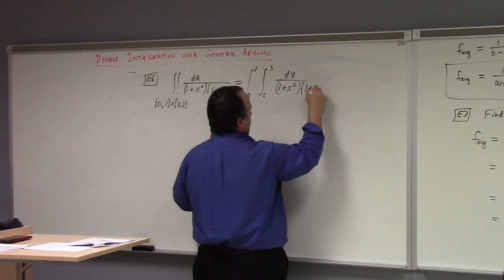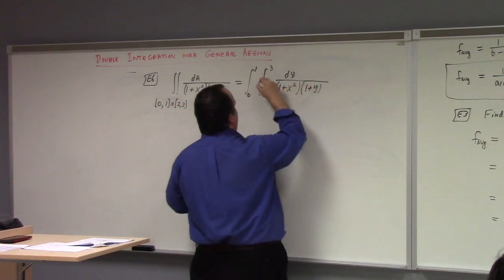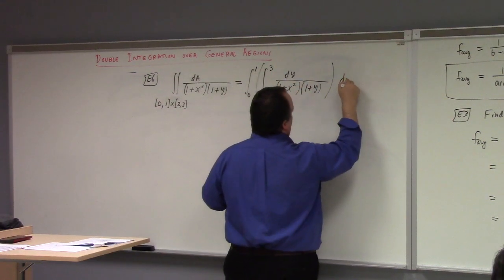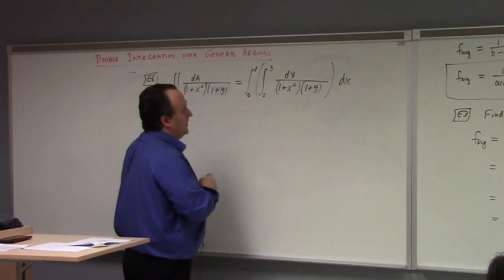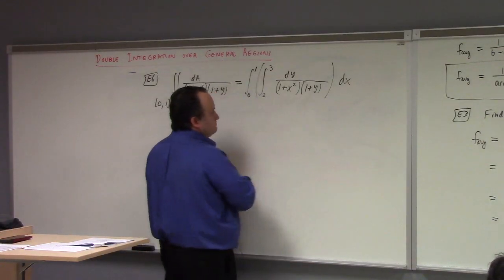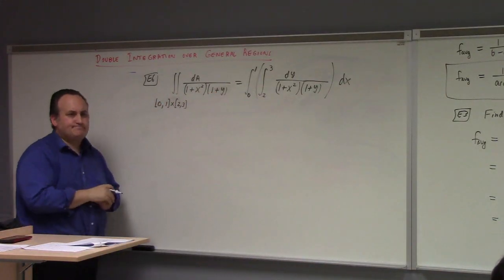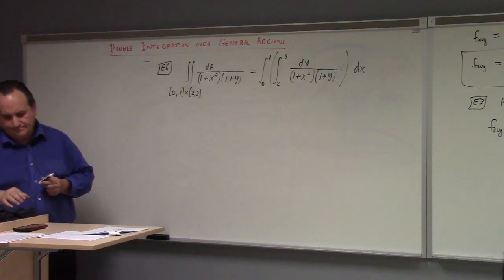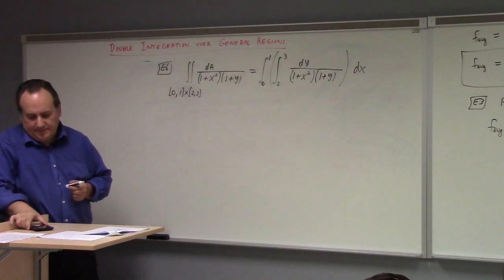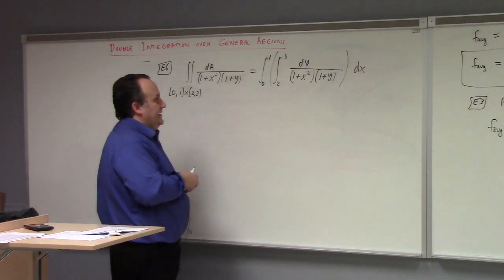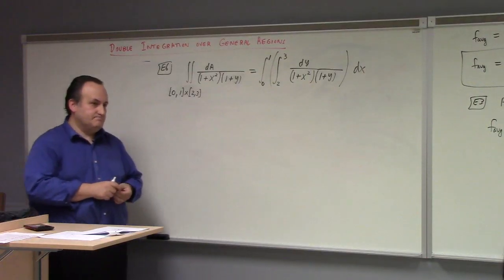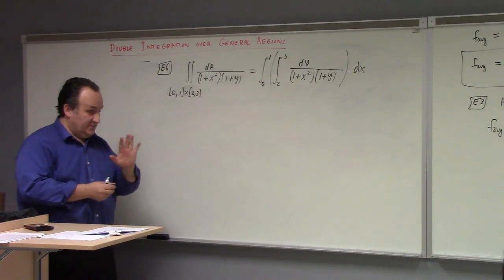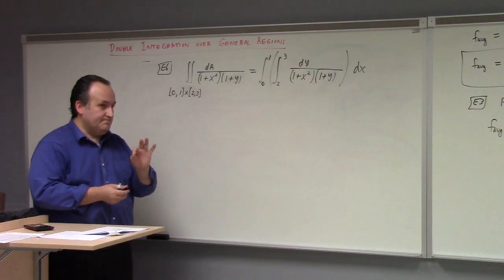So I want to show you guys a trick. Here's the trick. This integration over y has no x dependence. All right, this is important that it has no x dependence.